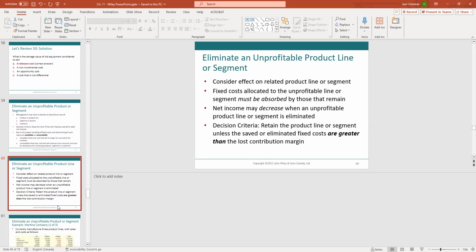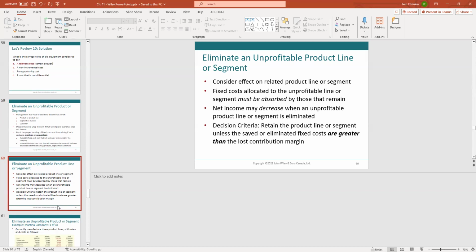So we have to consider the effect on the relevant product, and eliminate the fixed cost allocated to the unprofitable line or segment in order to make the right decision.